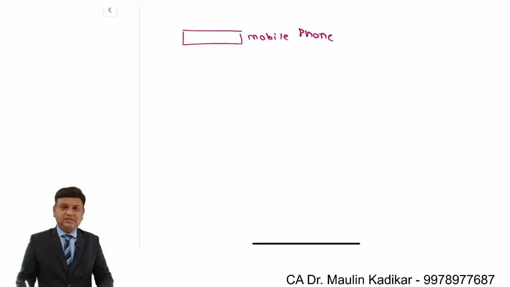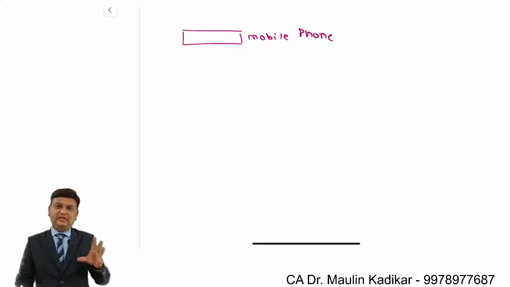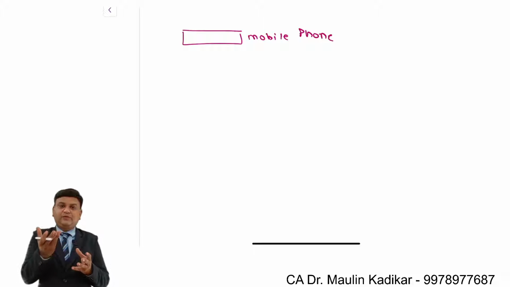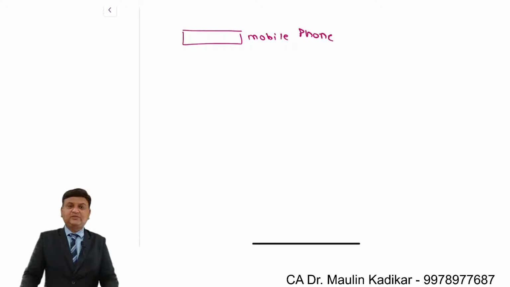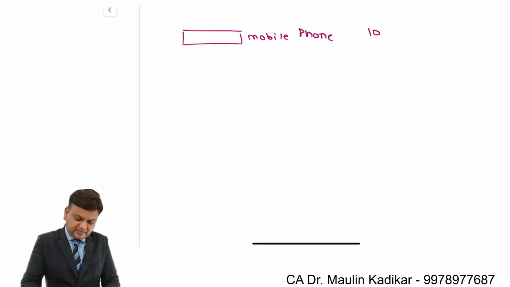Taking into account the situation prevailing in the market, the company is considering that if we introduce this new mobile phone with these unique features, then we will be able to capture the market. Let us assume that the market of mobile phones is 1 lakh units.